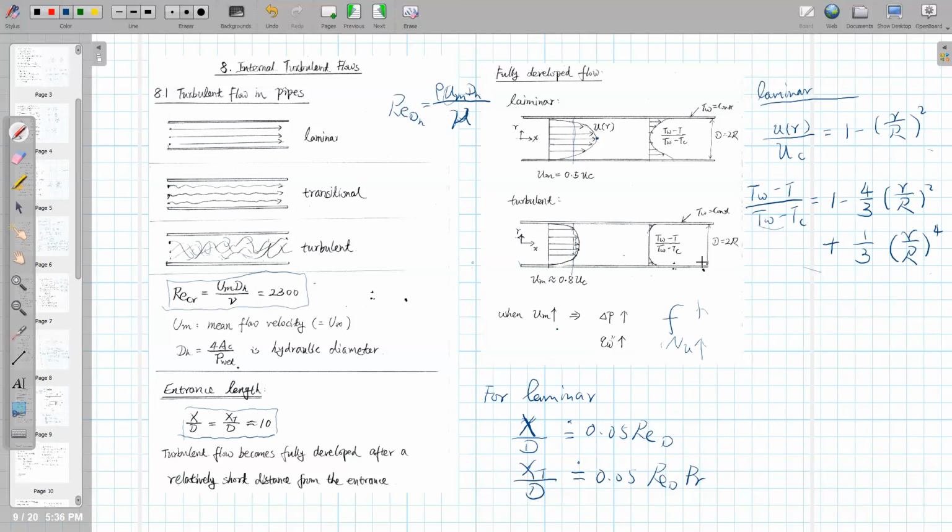So this is just some descriptive analysis of how turbulence affects the flow inside pipes.